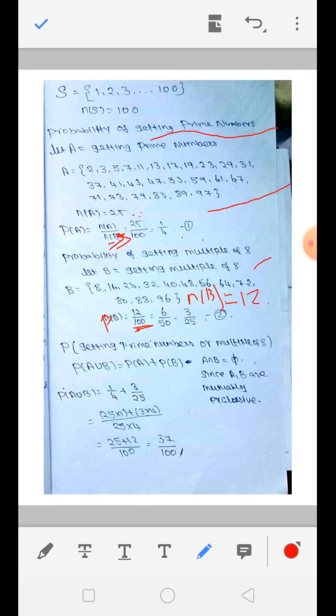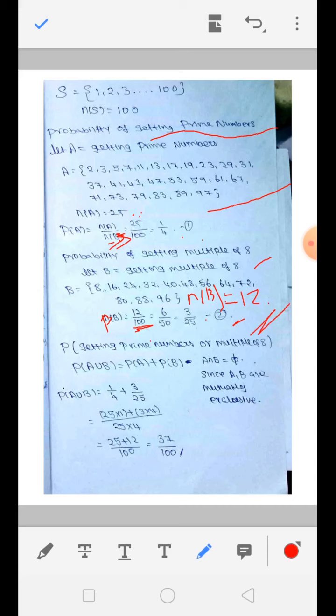So okay, next one is, suppose the question is finding the probability of getting prime numbers or multiple of 8. If they are mentioning the word "and", then this is enough.